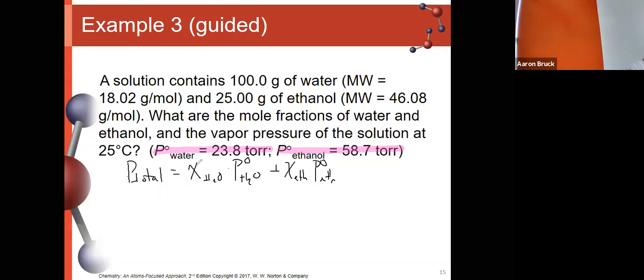So 100.0 grams of water, 18.02 grams in every mole. 100 divided by 18.02 is 5.549 moles of water.